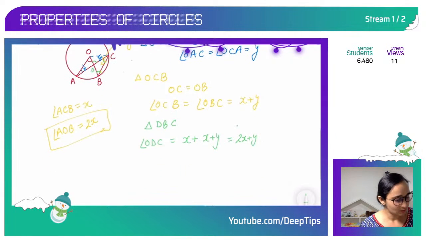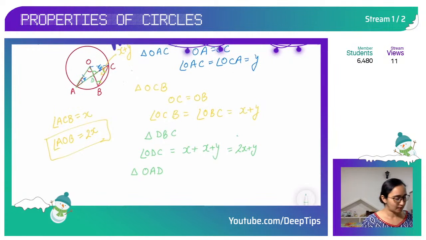Right, children? So we know that for triangle OAD, if I extend the side AD, the exterior angle is the same. This is angle ODC, which is equal to 2X plus Y. Just now I have written it, correct?